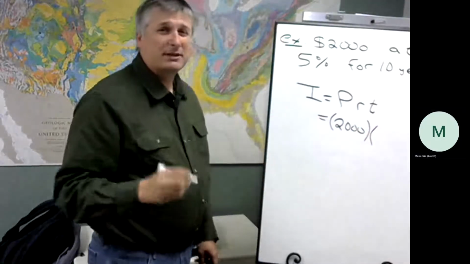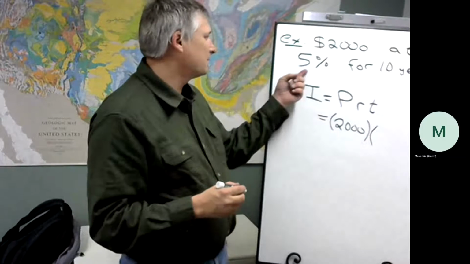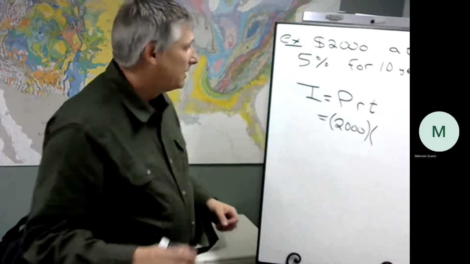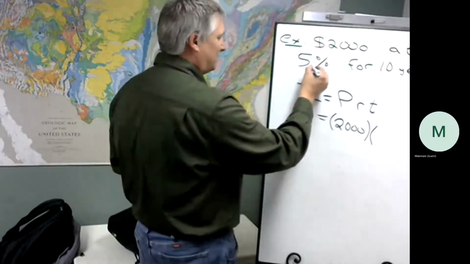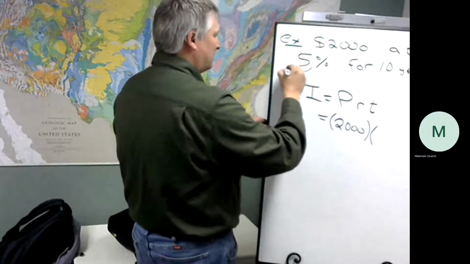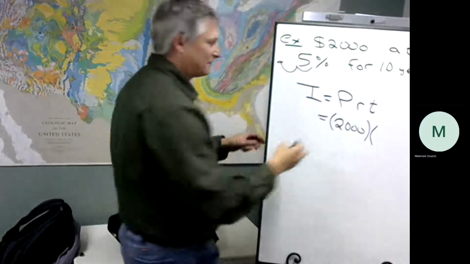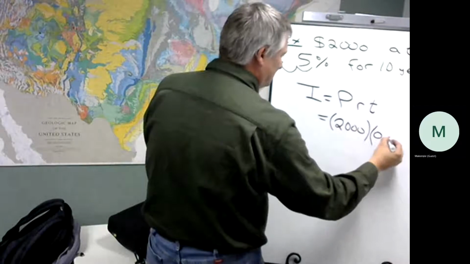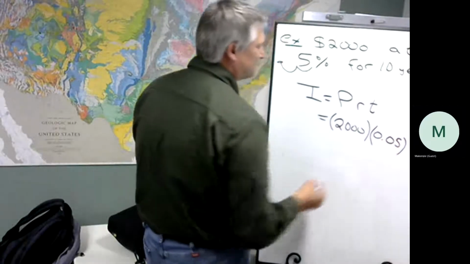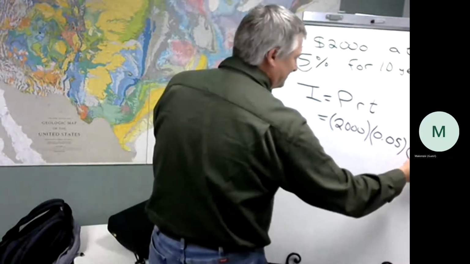R is the interest rate as a decimal. So you want to take this number and divide it by 100, or take the decimal point and move it 2 spots over. You get 0.05. And then time is 10.